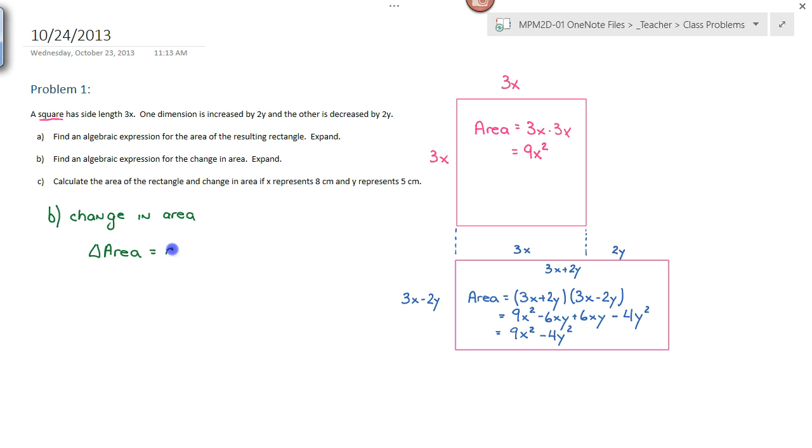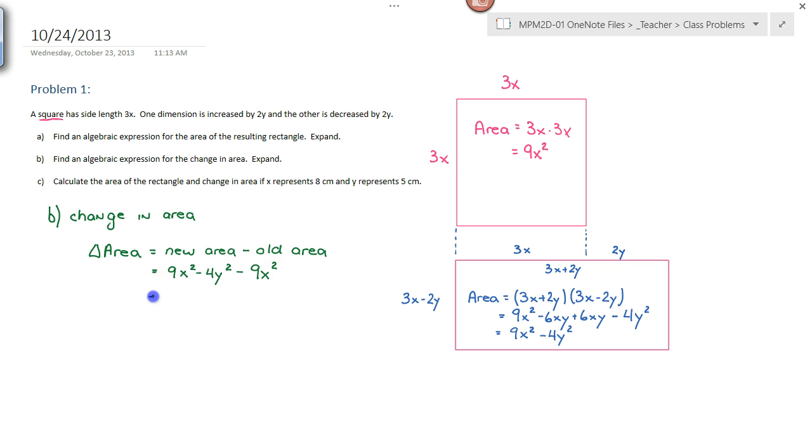We're going to take the new area and we're going to subtract the old area. So the new area we know is 9x squared minus 4y squared, and the old area is 9x squared.